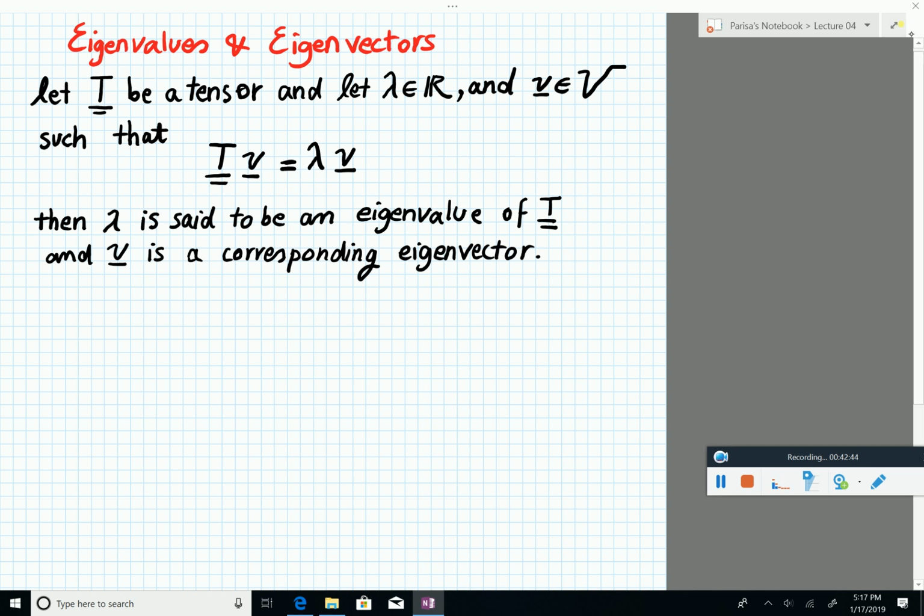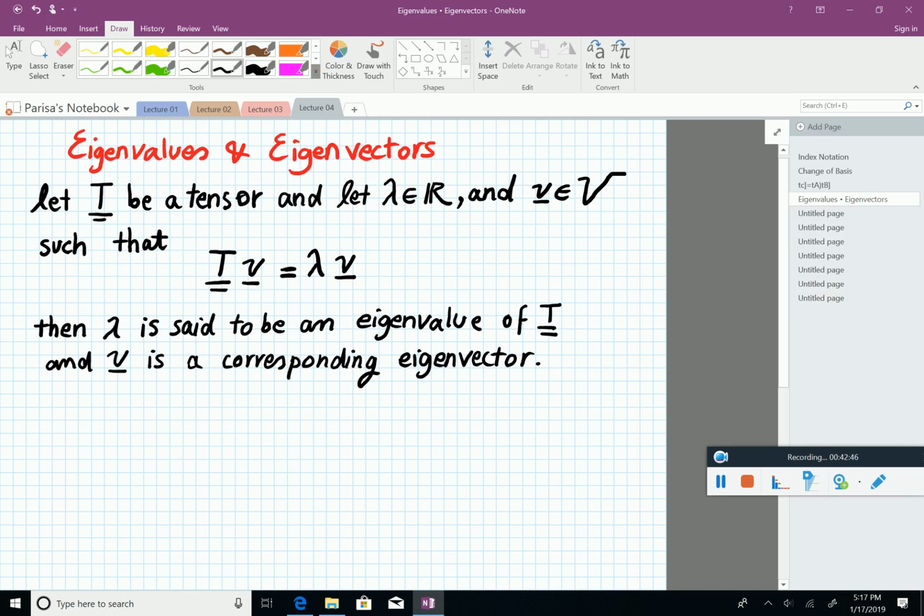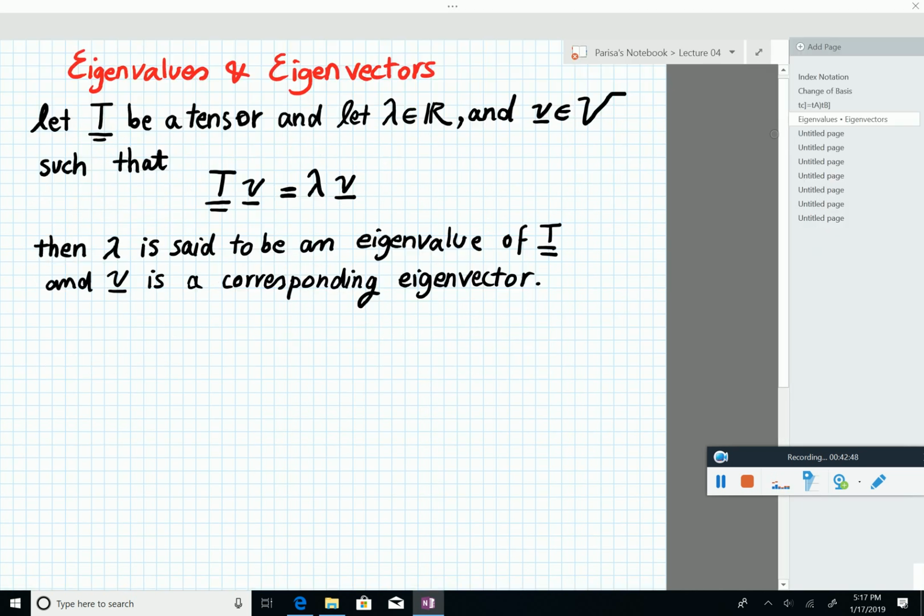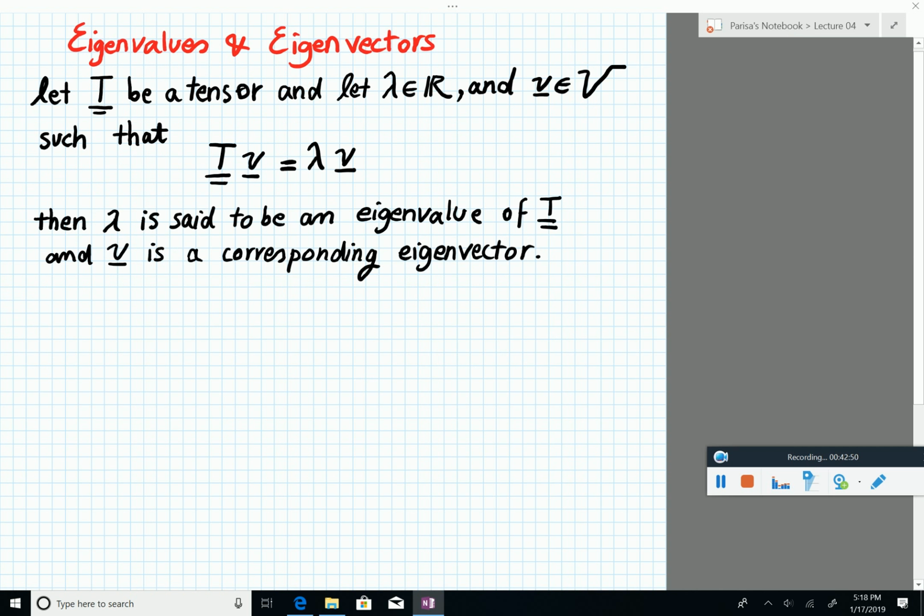So sometimes people call eigenvalues particular values, and eigenvectors principal directions, and if you are familiar with this, you kind of see why this is the case.